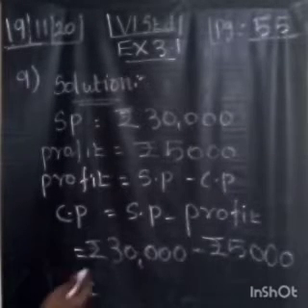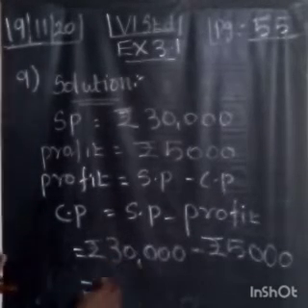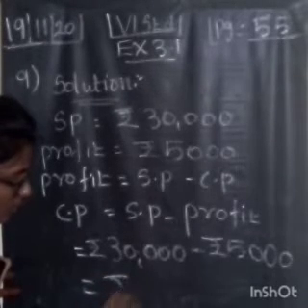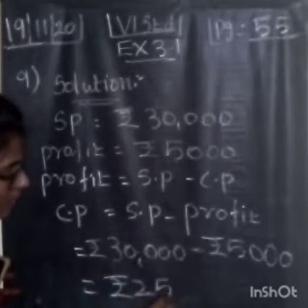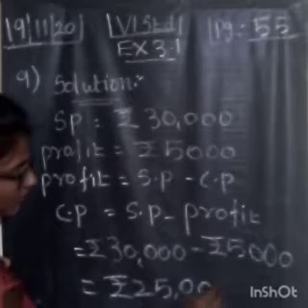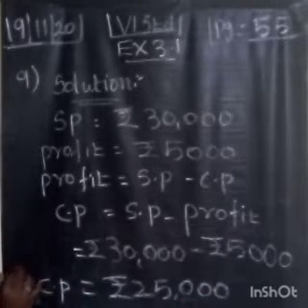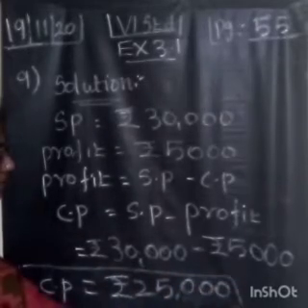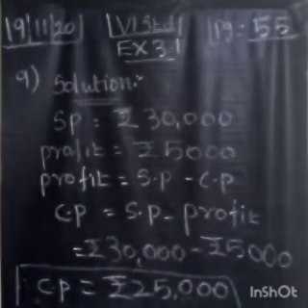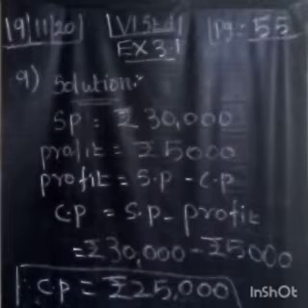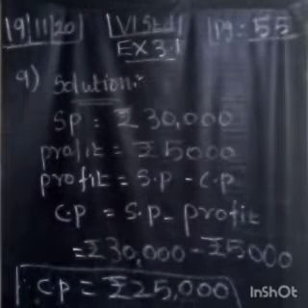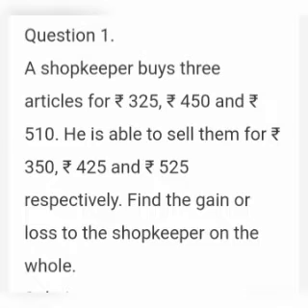We get 30,000 minus 5,000, rupees 25,000. Therefore, cost price equals rupees 25,000. Next we move on to question number 11.